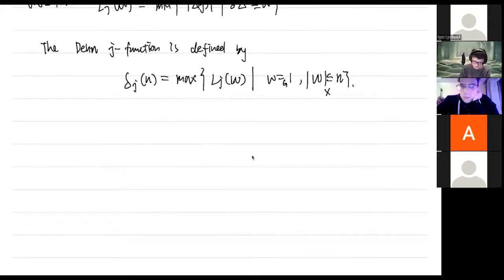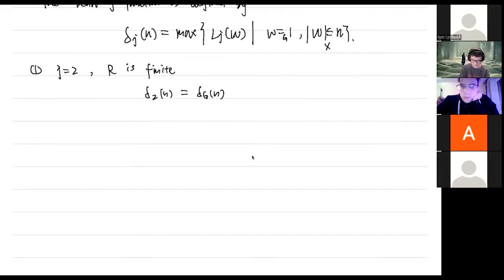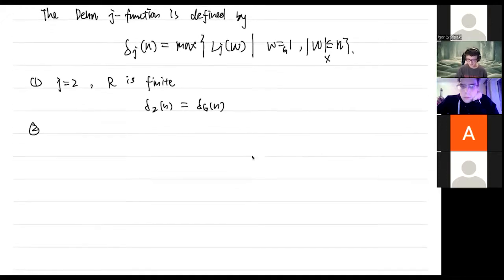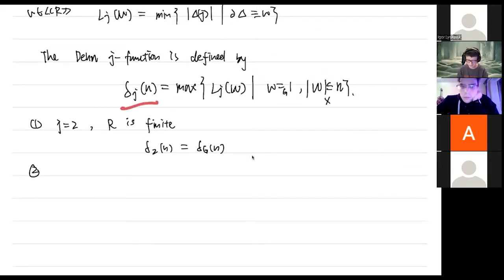So the first observation is, okay, if J is 2 and R is finite, this is basically the same as the Dehn function we talked about earlier. The second observation is that this notion is of course determined by the presentation.